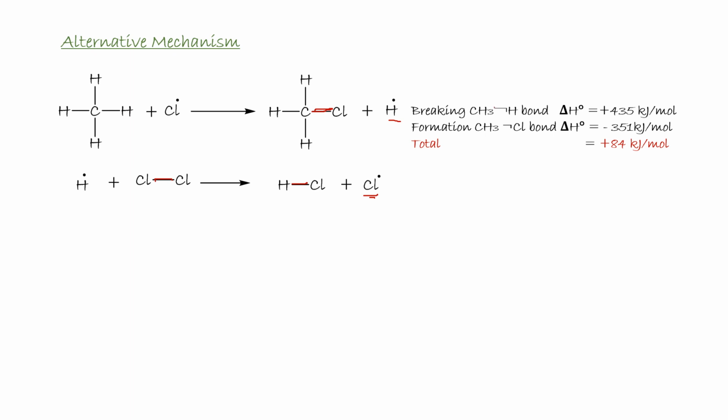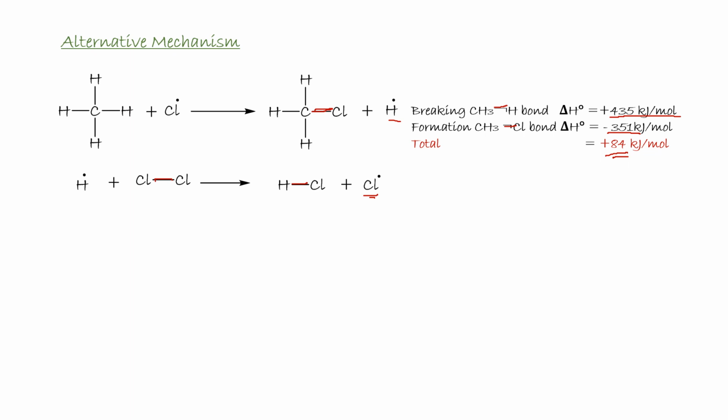Breaking carbon-hydrogen in the first step needs 435 kilojoule per mole. Forming the carbon-Cl bond will give out energy, minus 351. Total required for this step is plus 84 kilojoule.